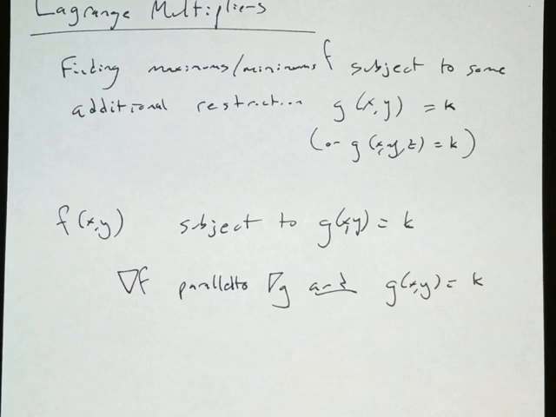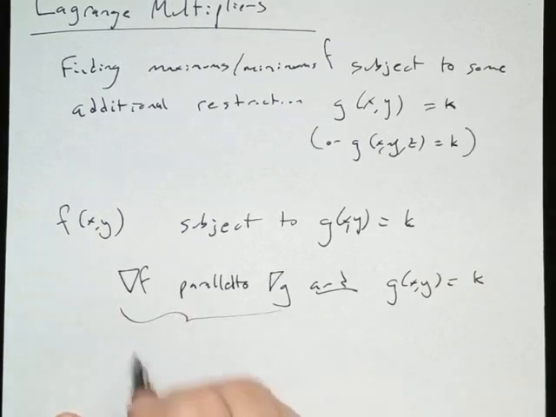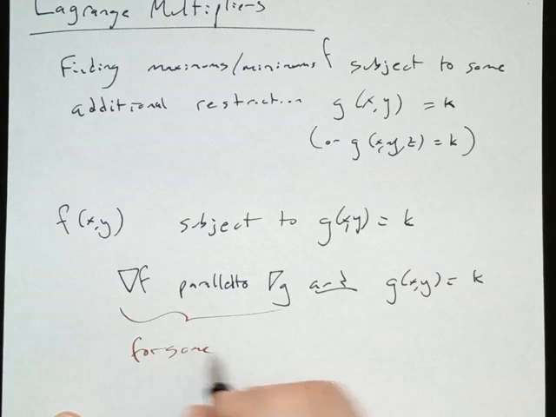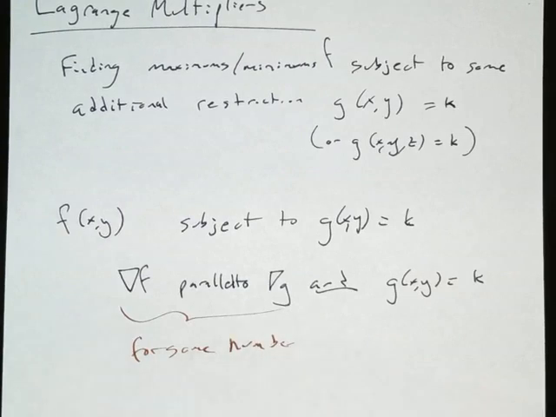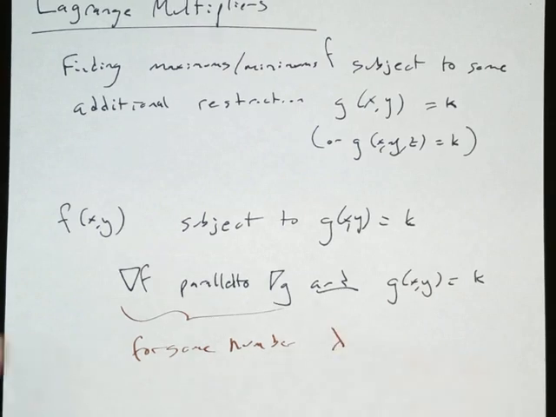It's a multiple. So that means I need a name for this number. I've already used x and y and g and k and f. I know, I'll use lambda.